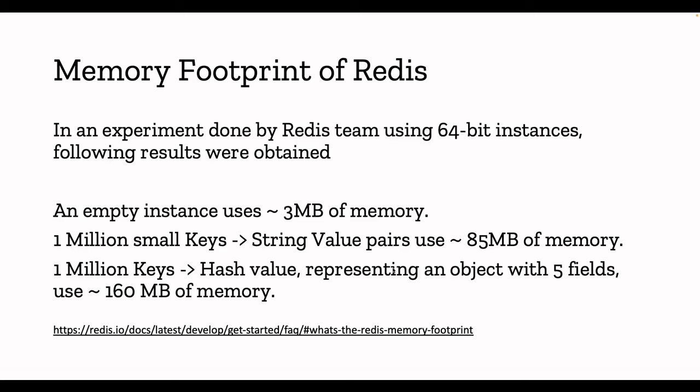One million small keys with string value pairs use 85 MB of memory. One million keys, each a hash representing an object with 5 fields, for example a sensor measuring parameters like temperature, humidity, pressure, light, and some accelerations, use just 160 MB of memory. So it's pretty impressive, right?